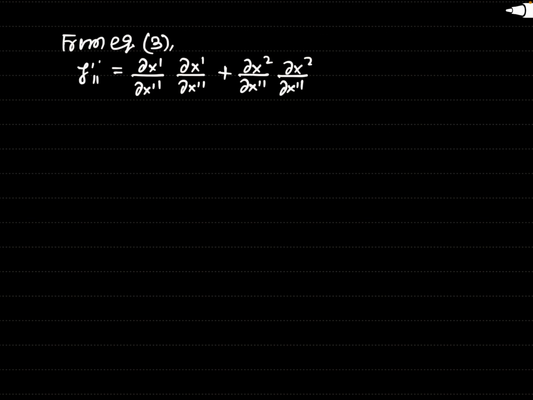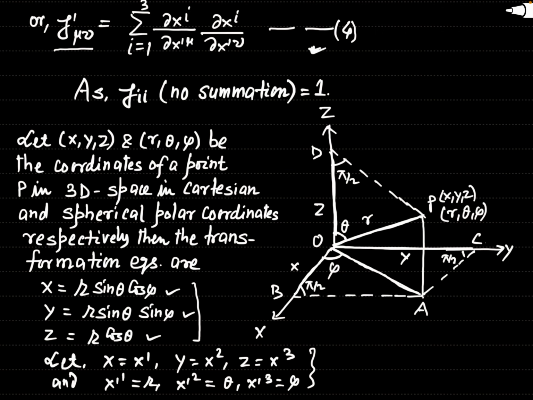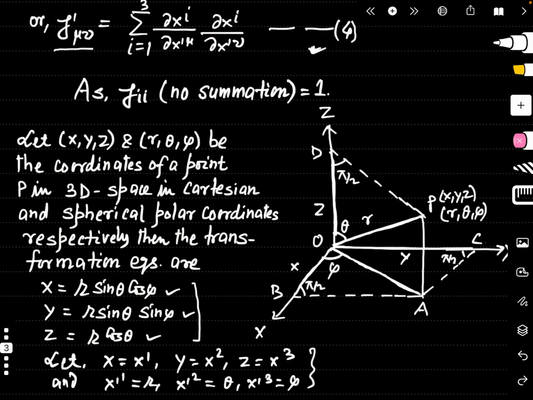See here, mu and nu are fixed. Mu is equal to nu here, and both are equal to 1. So you can see that in the denominator, since the superscripts are mu and nu, those are fixed at 1, but I runs from 1 to 3.